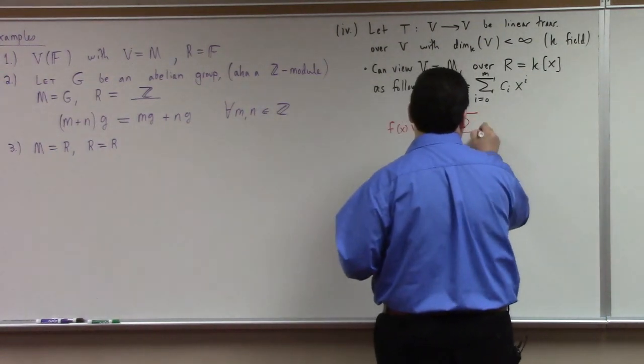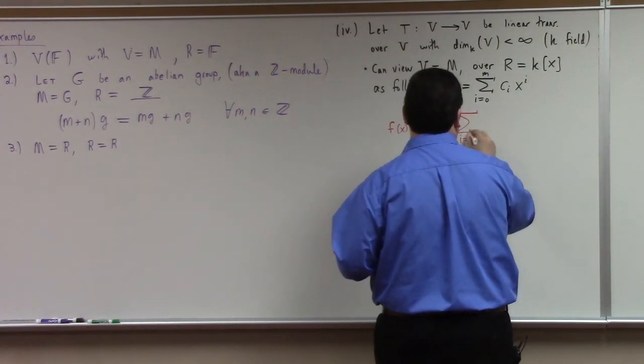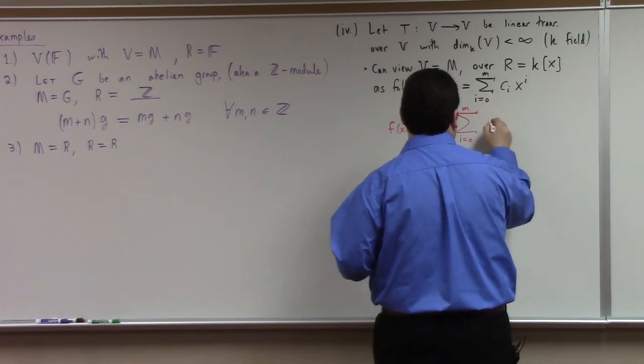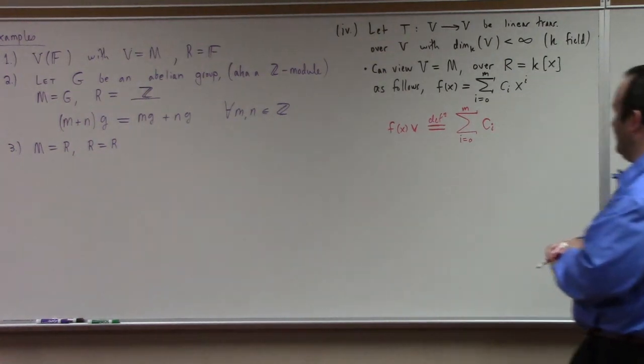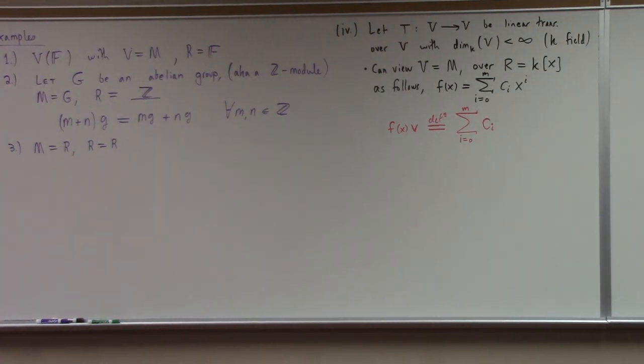Sum i equals 0 to m, and I'll do the c_i for you. There you go. What do we do with that x? How do we convert x to the power i into a vector? It can be a different vector for each i, of course. In fact, it will be.